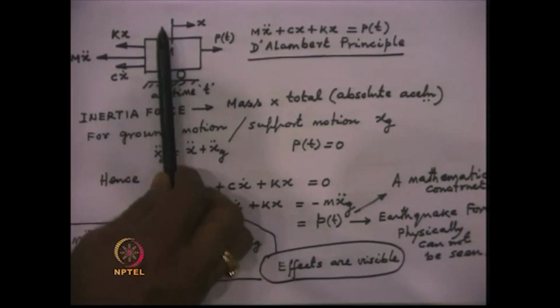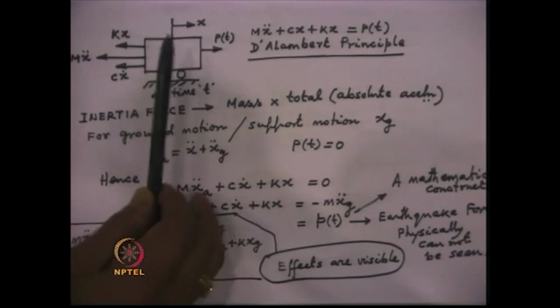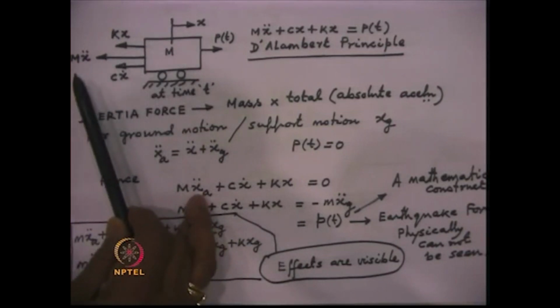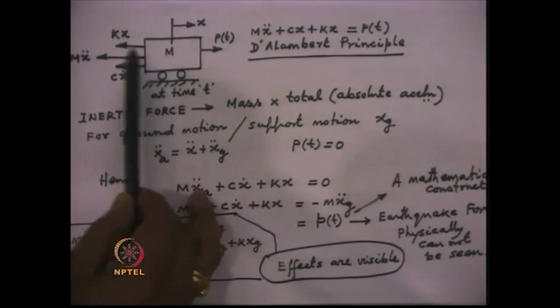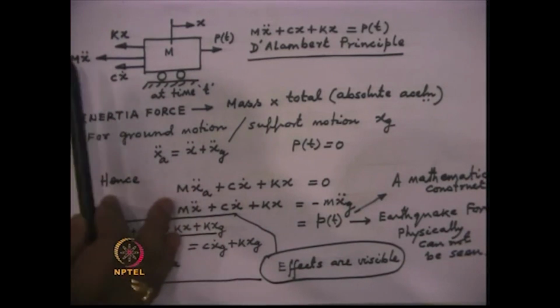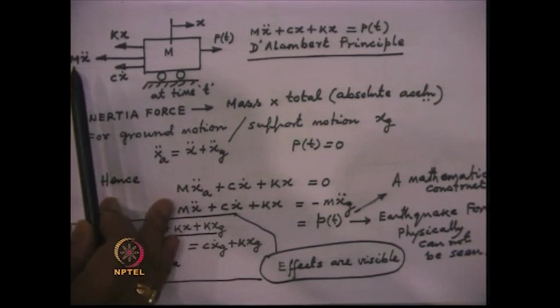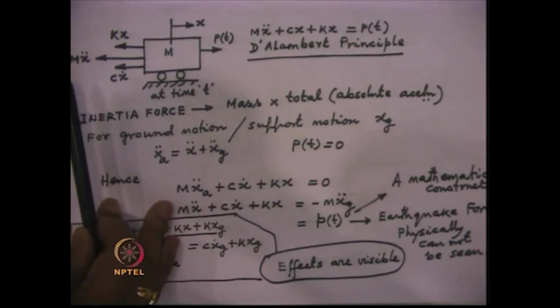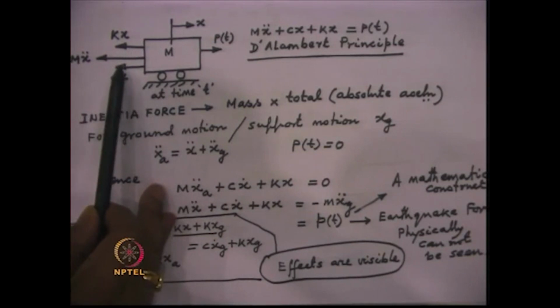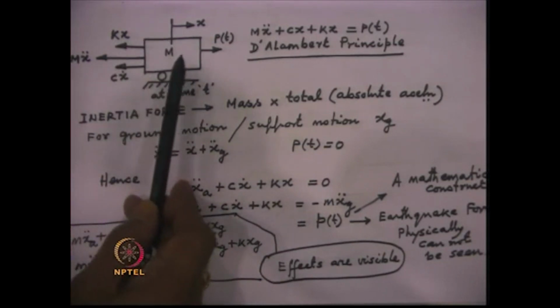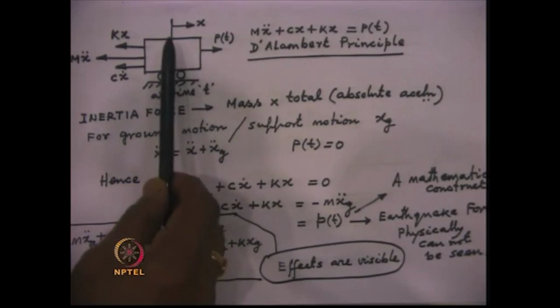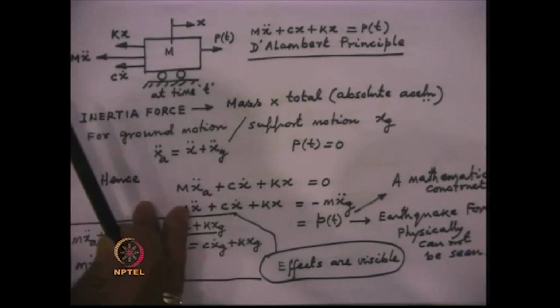Now, if the mass moves in this direction x, then an inertia force is developed due to the oscillatory motion of the mass. All of us know that for an oscillatory motion, the acceleration always is in the opposite direction to the displacement direction.